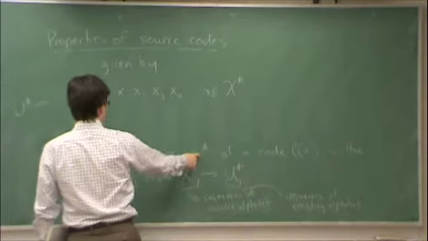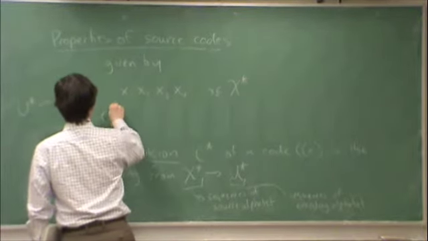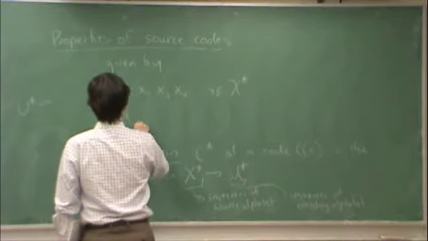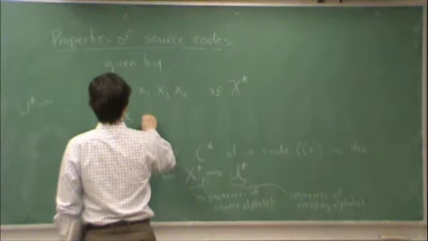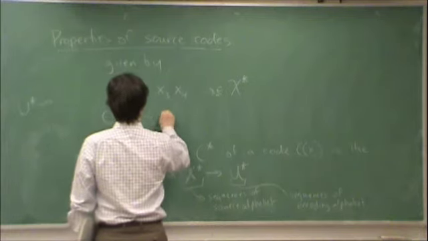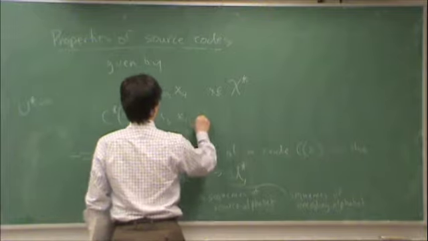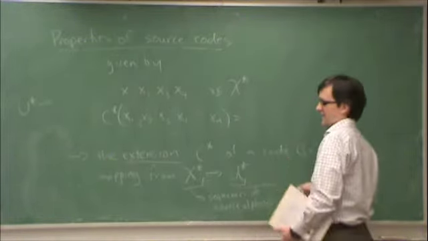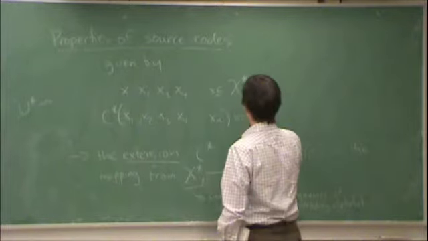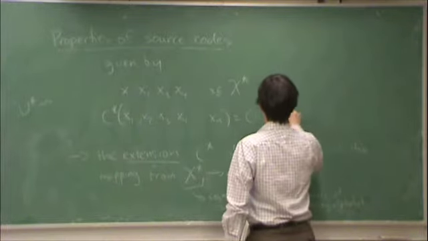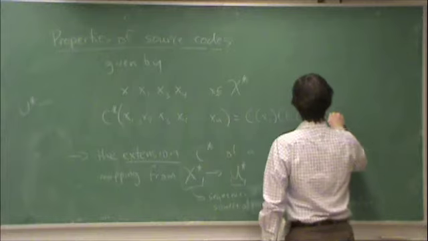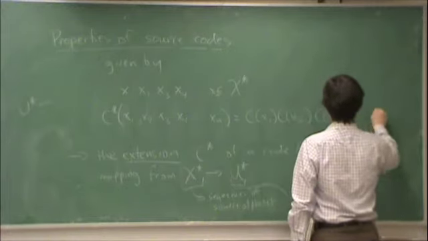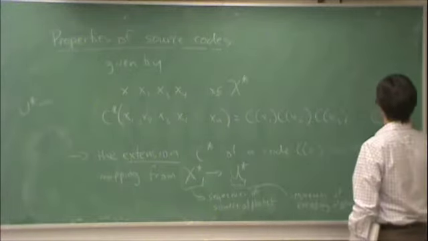Then the extension of that, C star of x1, x2, x3, x4, and so on up to xn, is just the concatenated code words of each of these outcomes: C of x1, C of x2, C of x3, and so on, C of xn.